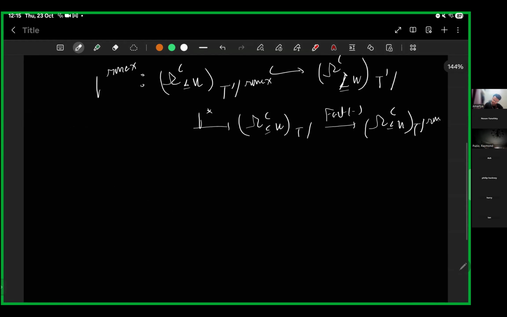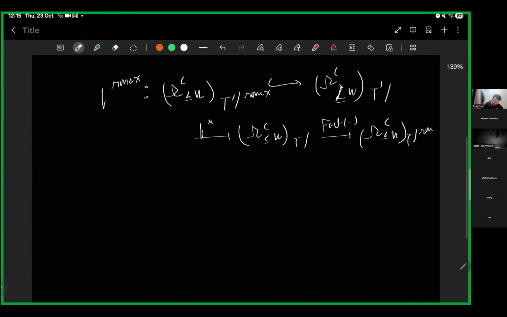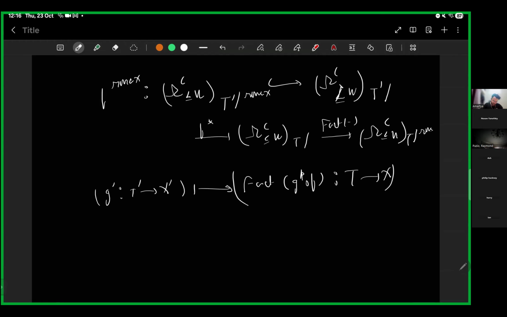You basically start with the rooted max surjective map, from T to X. So this is like the composite, and X is like the root factorization of the composite.